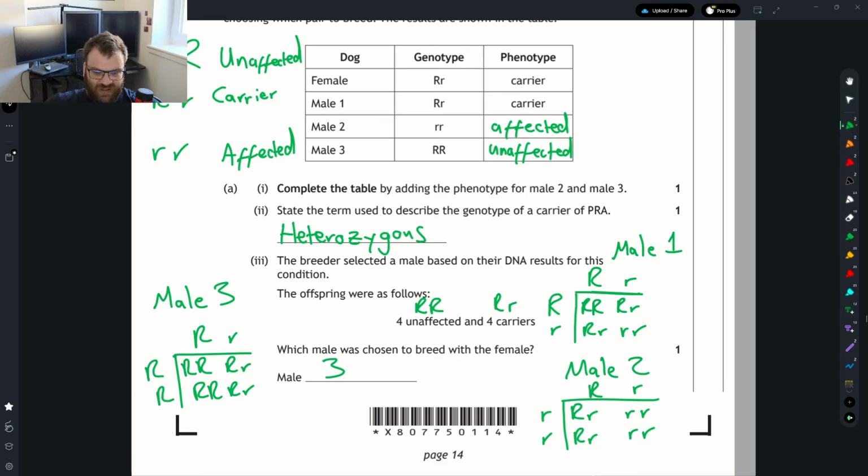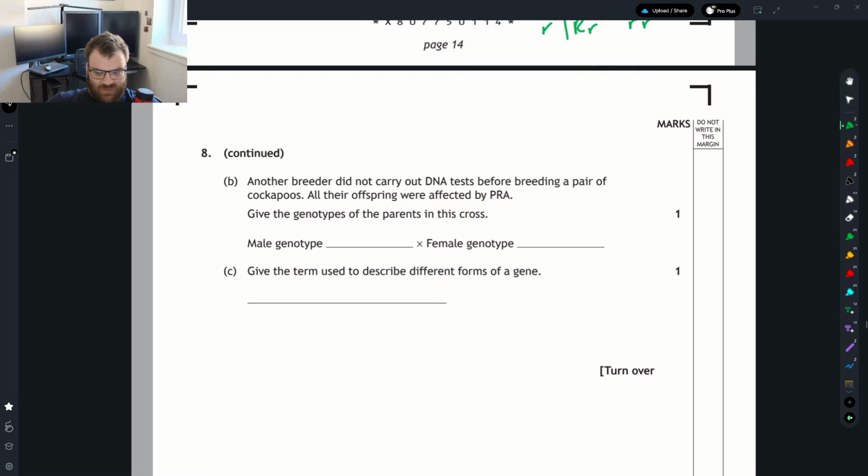In this one, all their offspring were affected by it. Now, we've actually tried out a bunch of combinations. So let's try this way with this one without doing a Punnett square.